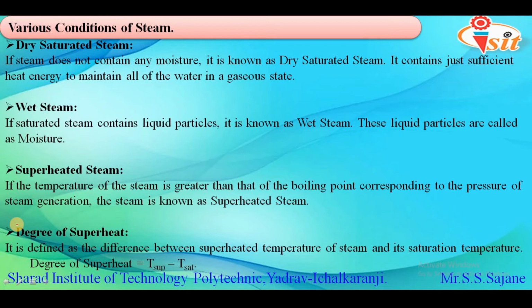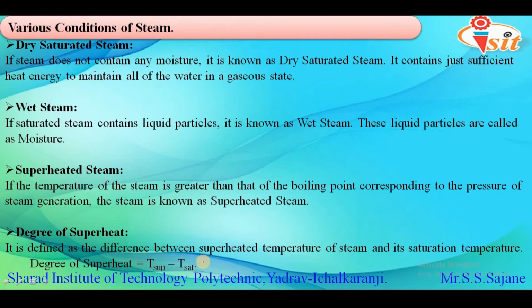It is defined as the difference between the superheated temperature of steam and its saturation temperature. The mathematical formula is: degree of superheat equals superheated temperature minus saturation temperature.